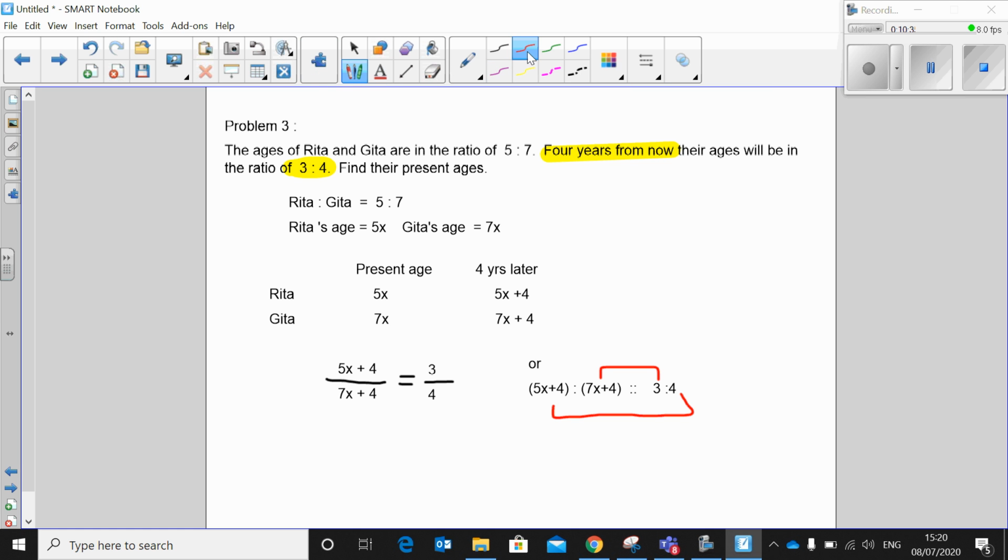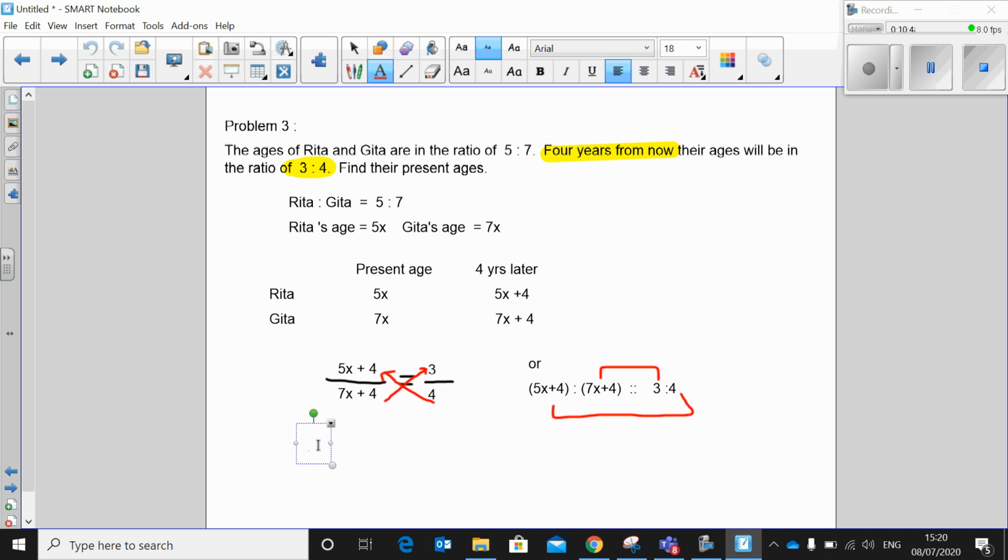Cross multiplication method, all of you know, I think. So 4, the denominator, will go to the numerator here, and this denominator will go to the numerator. So let us write 4 times 5x plus 4, which is equal to 3 times 7x plus 4.